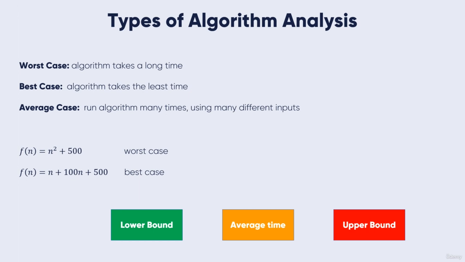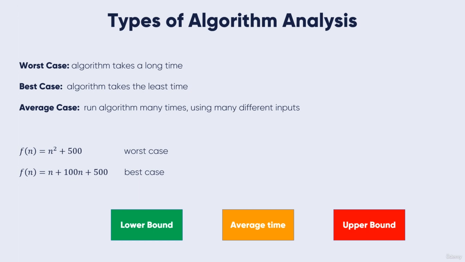Average case provides a prediction about the running time of the algorithm. Run the algorithm many times using many different inputs that come from some distribution that generates these inputs. Compute the total running time and divide by the number of trials. Assume that the input is random.